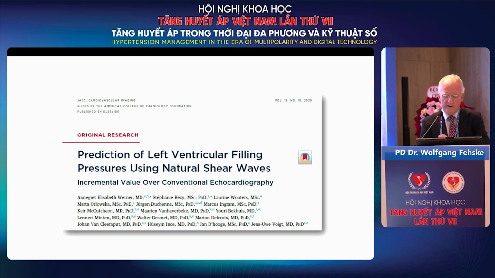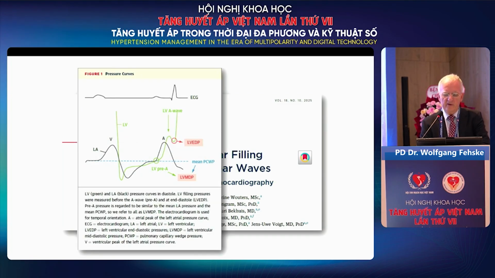shear wave or in deformation imaging, they have written a new article, and this is the new technique which is evolving on the horizon. This is shear waves, and he really measures the millimeters of mercury in the left ventricle when he knows the pressure measured on the right or left arm.